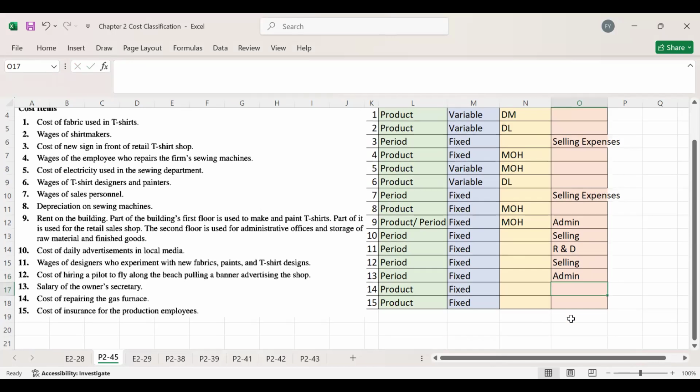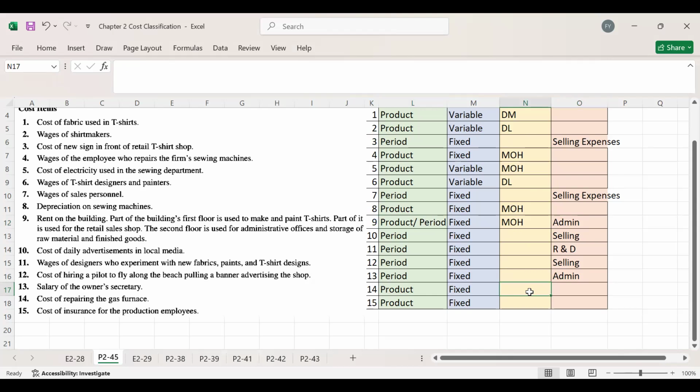Then we have the cost of repairing the gas furnace. If the furnace is used for heating the whole building, then as we have divided the rent of the building into two parts, the product and the period, we can divide the cost of the gas furnace into product as well as period cost.